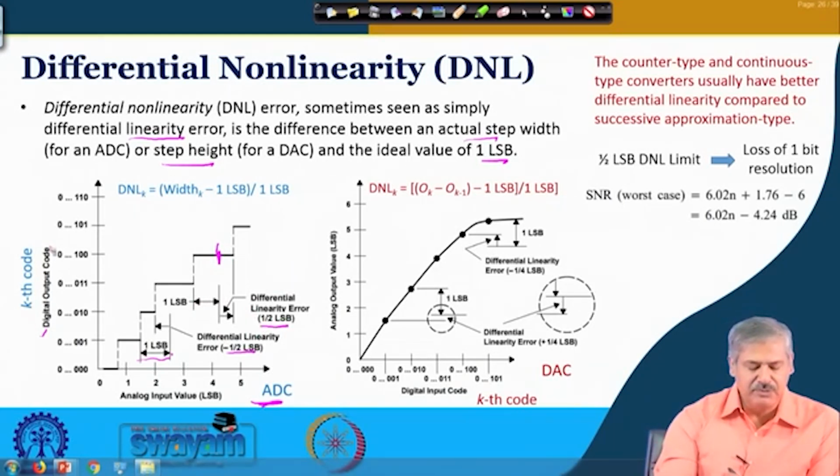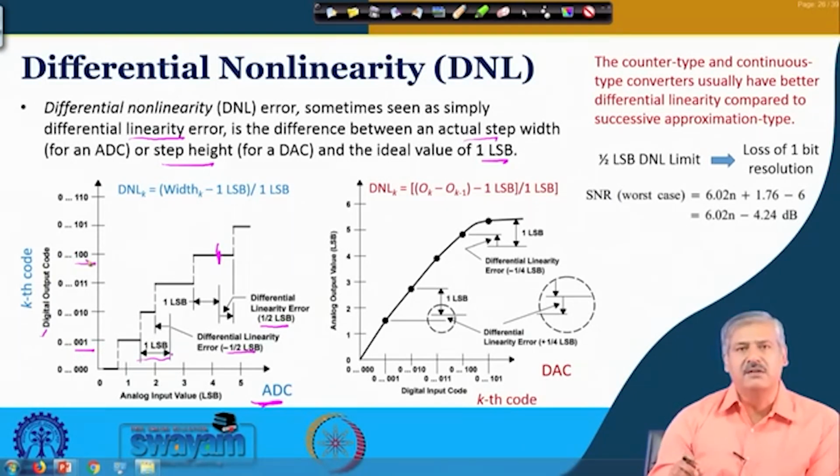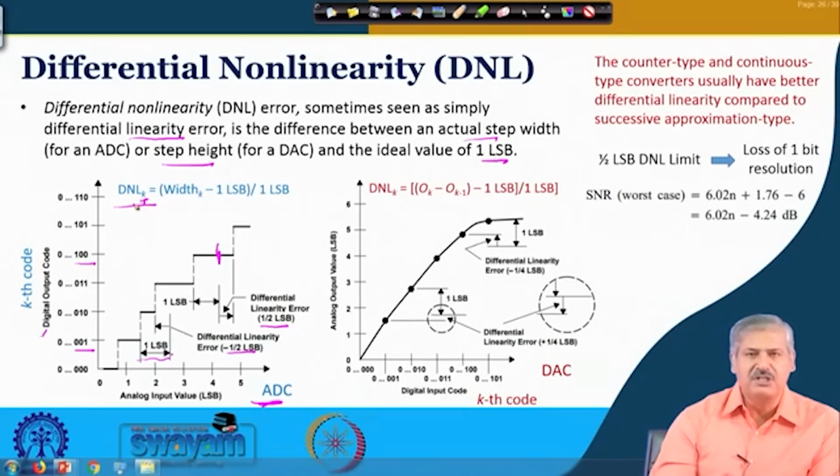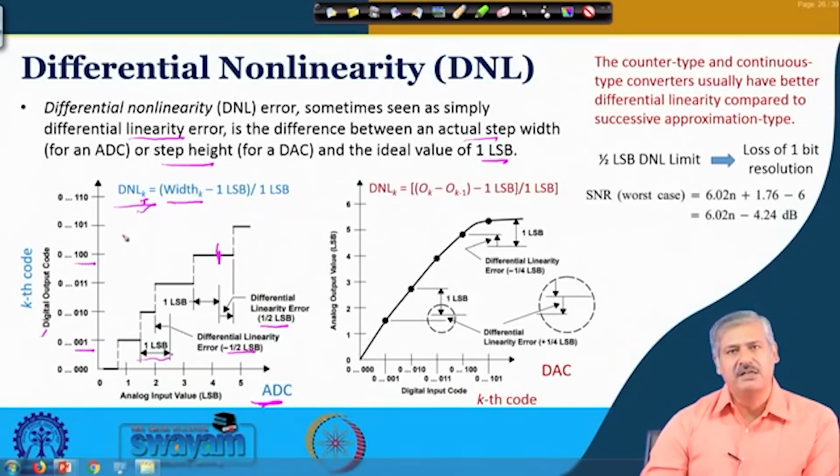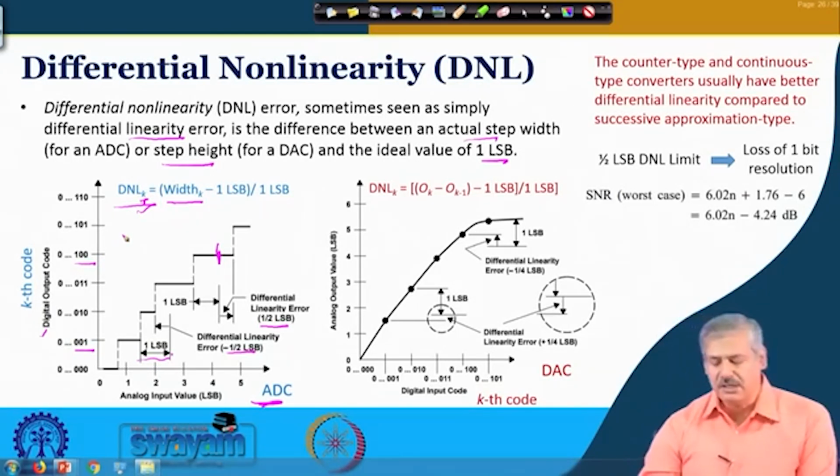For each of these codes that get generated, say 001 or 100, you can have a certain DNL value. This DNL is associated with the code K. It is given by the width of K minus 1 LSB, that is, the actual width minus the ideal, divided by the 1 LSB width. That is how DNL for the kth code is defined for ADC.